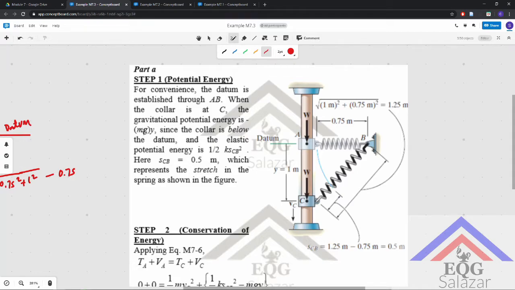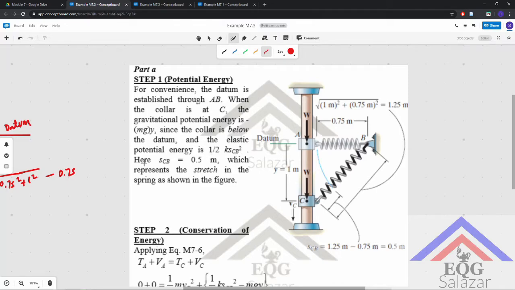All right, so again, going back to example M7.2, since the gravitational potential energy is very dependent on the y coordinate of the particle, since we set the datum through AB, this length of y equals 1 would be negative because it's below the datum line. Okay, so that's why this is negative mgy, since the collar is below datum, and the elastic potential energy is 1/2 k SCB squared.